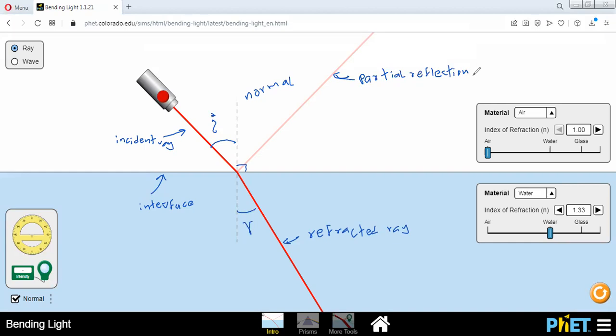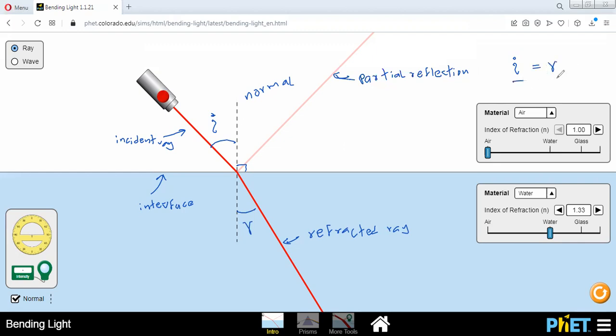Now, if you remember the reflection of waves or reflection of rays, we have two laws to describe reflection of waves. The first law is the angle of incidence is equal to the angle of reflection.